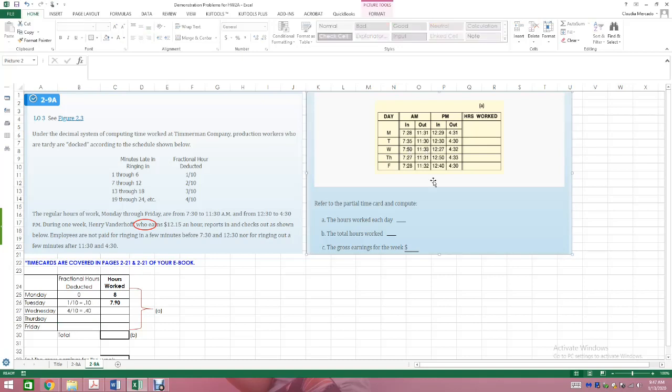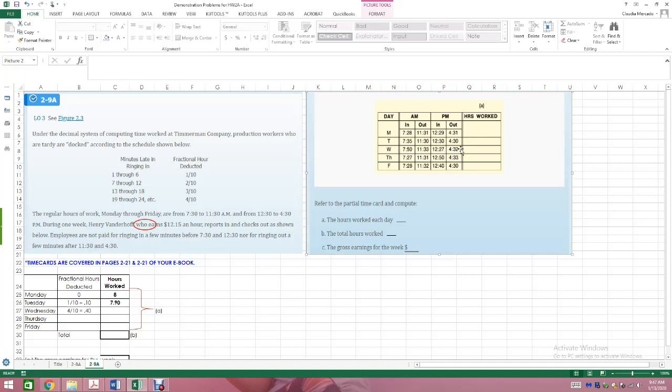Then this employee clocked out at 11:33. Remember, if they clock out a few minutes after 11:30, they don't get paid. Then he clocked in at 12:27, which is a few minutes early. It says here that employees are not paid for ringing in a few minutes before 12:30. So he doesn't get paid for the 3 minutes.